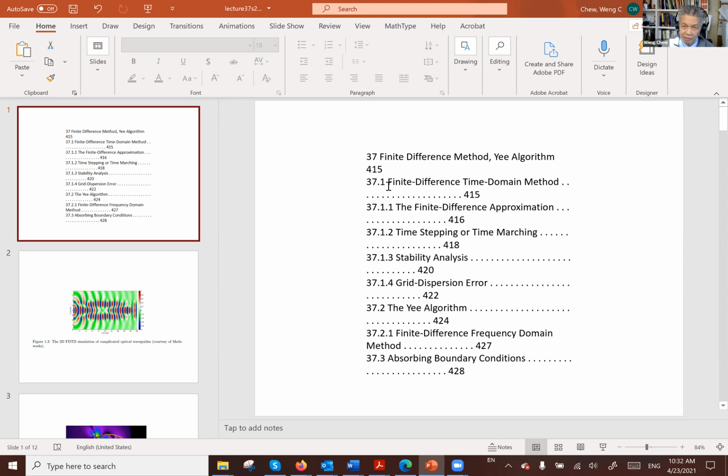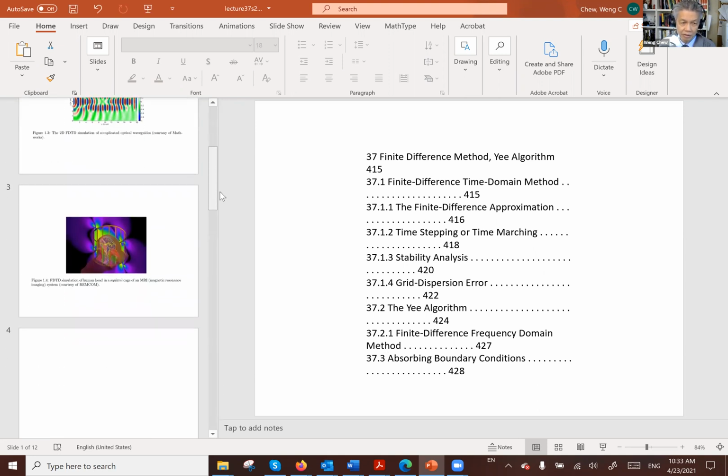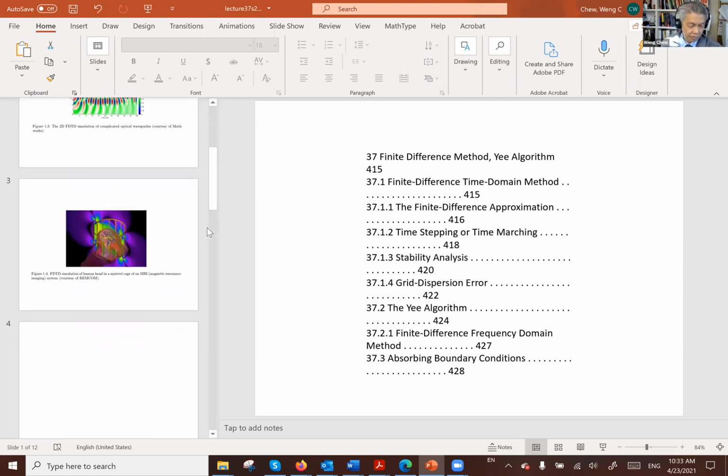We talk about finite difference approximation, time stepping or time marching, stability analysis, grid dispersion error, and get into some details about the E algorithm and also the finite difference frequency domain method, and briefly touch on absorbing boundary condition. I don't have time to talk too much about absorbing boundary conditions.